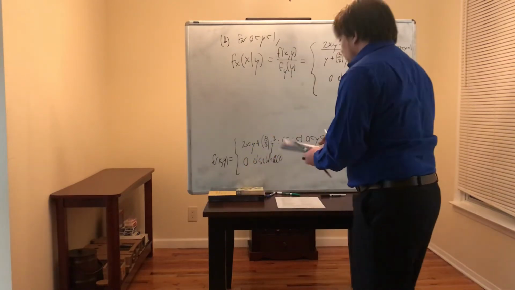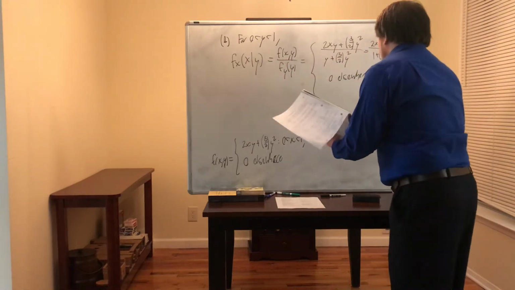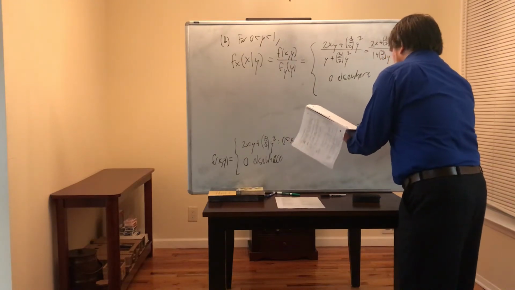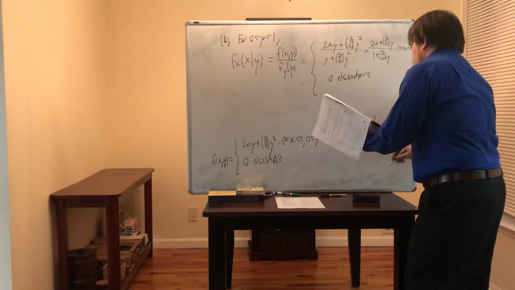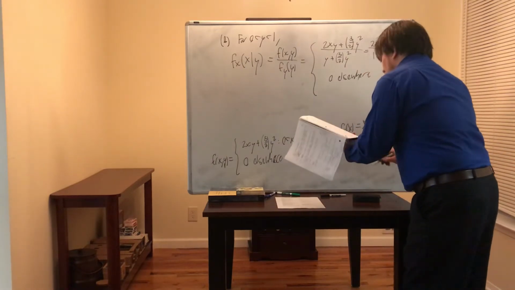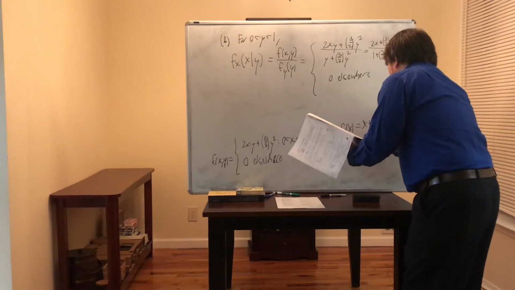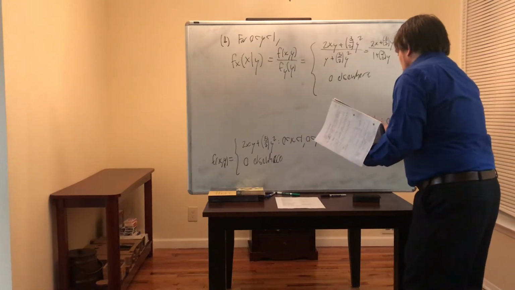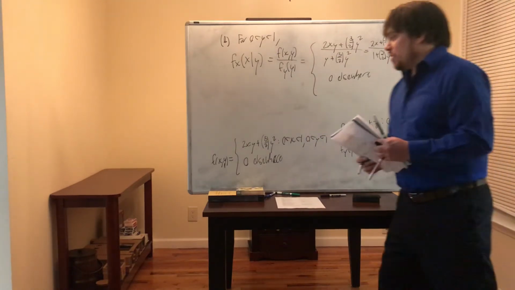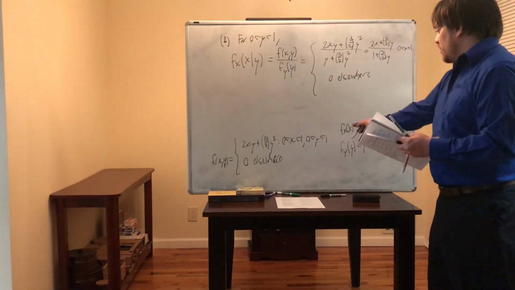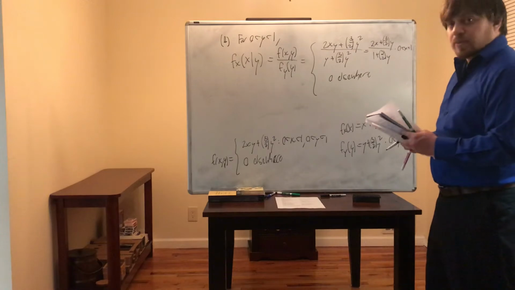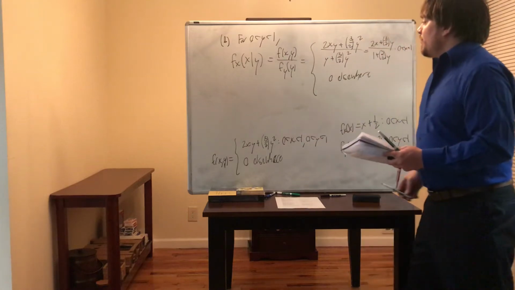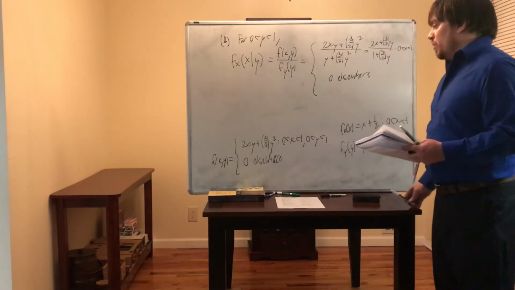And we found on the previous board that f sub x of x is equal to x plus 1/2, such that 0 is less than x less than 1, and f sub y of y is equal to y plus 3/2 y squared, such that 0 is less than y less than 1. So this is our probability density function, and these are our marginal probability functions. With those three things, f sub x of x given y is f of x comma y over f sub y of y. And so what's f of x comma y?